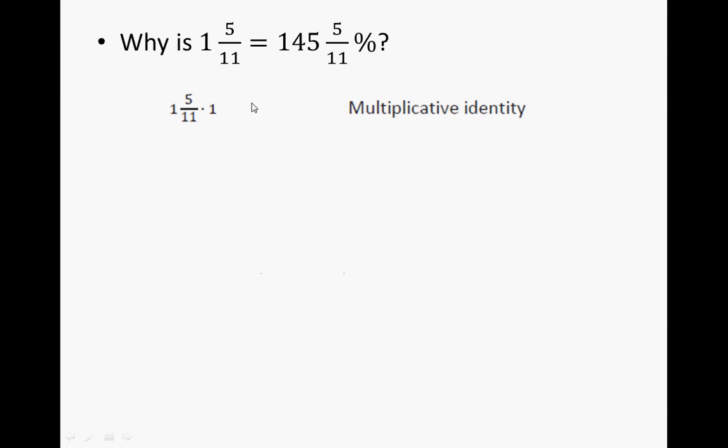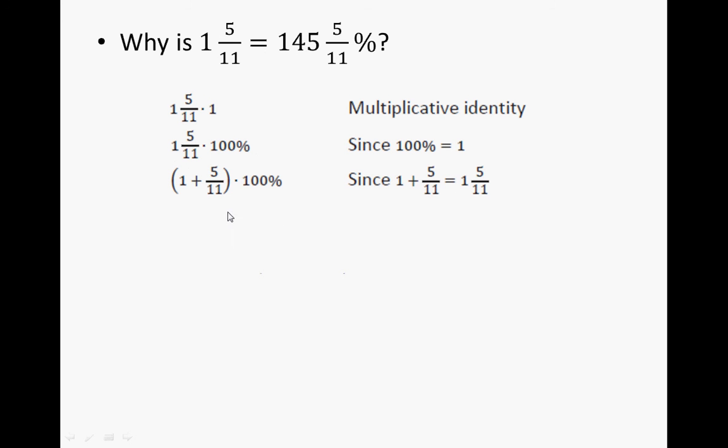So what happens here is we're going to use the multiplicative identity. Remember that 100% is the same as 1. So we're going to take our mixed number, 1 and 5/11, and multiply it by 1. Well, 100% is equal to 1, so we're going to substitute 100% with 1 and 5/11.